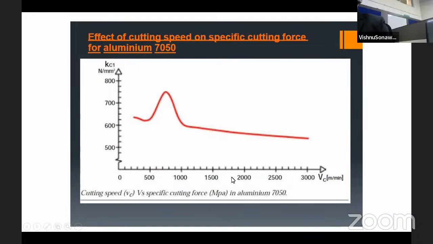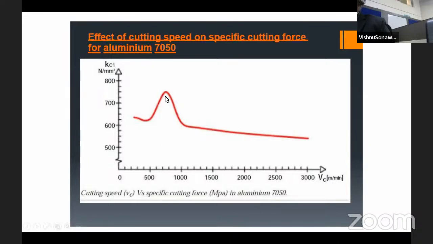Here, the x-axis is the velocity, the cutting speed, and the other axis is the specific cutting force. When machining these parts at 400 meters per minute, the specific cutting force is 650 Newton per millimeter square. But what will happen when the cutting speed is increased?